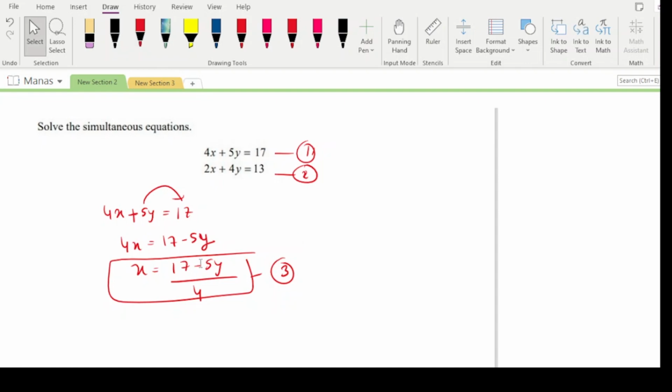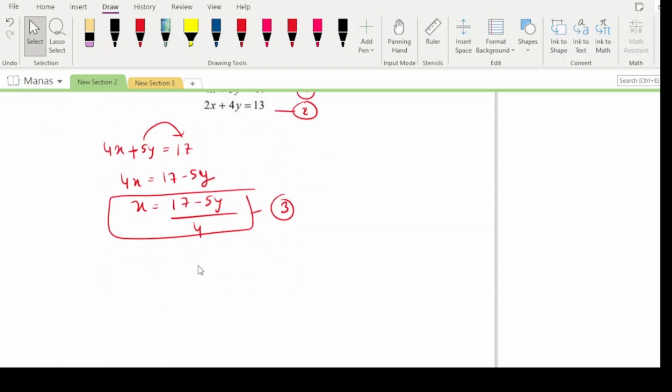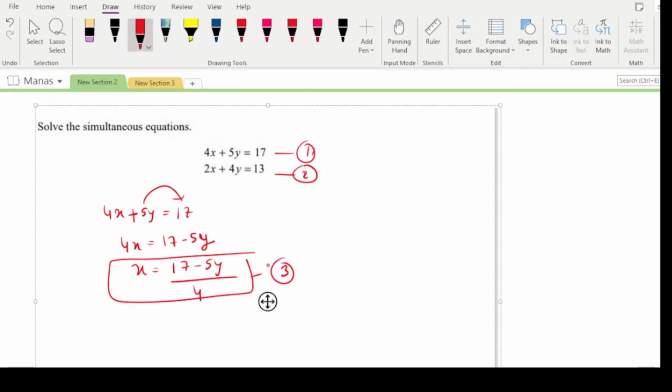Now I will substitute this value into the second equation. So I will substitute third into second. Remember one thing: whenever you are substituting, if you get the value of x from the first equation, you cannot substitute it back into the first, otherwise you will not be able to find the value of y.